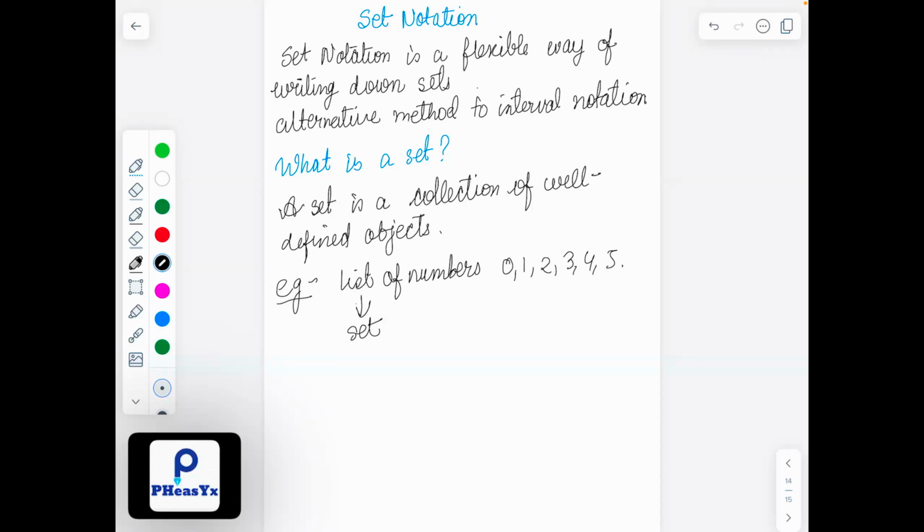So let us call this set X. Therefore, the list of numbers in set X is as shown. You can notice here sets and set notations are delimited by curly braces.